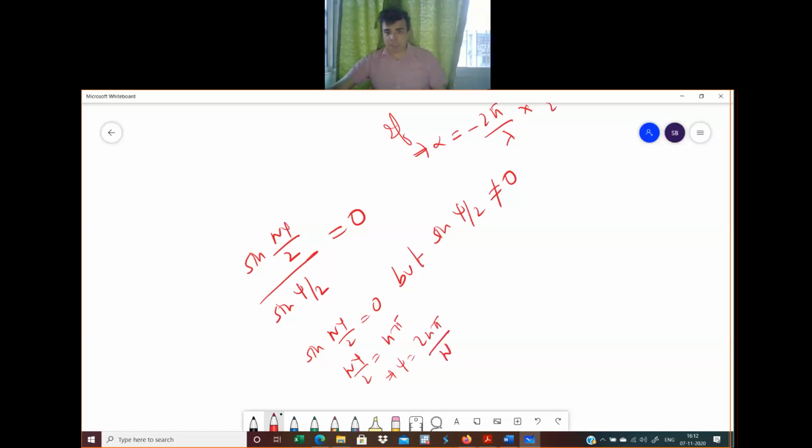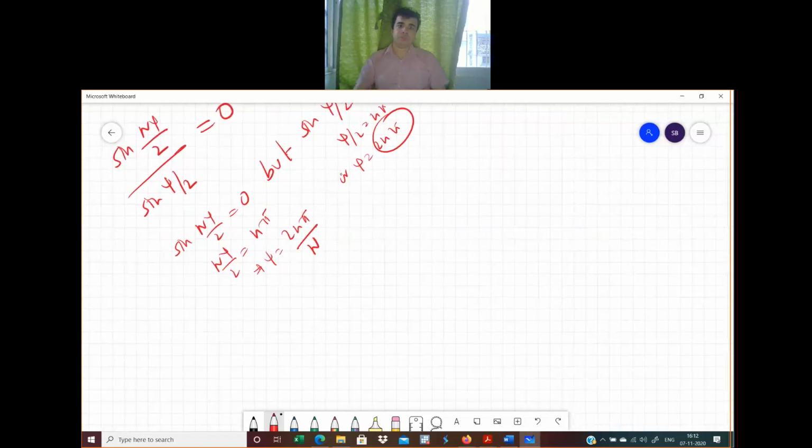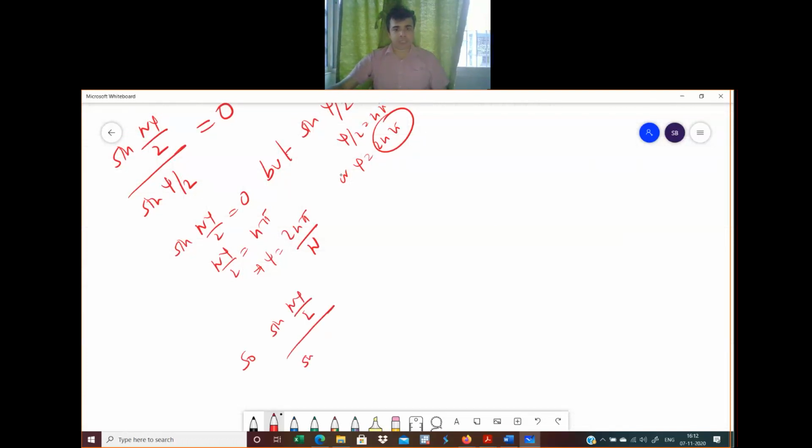Similarly, this is zero when psi by 2 is equal to m pi, or psi is equal to 2m pi. Right? So sin n psi by 2 by sin psi by 2 equals 0 for psi equal to 2m pi by n, but m is not equal to what?